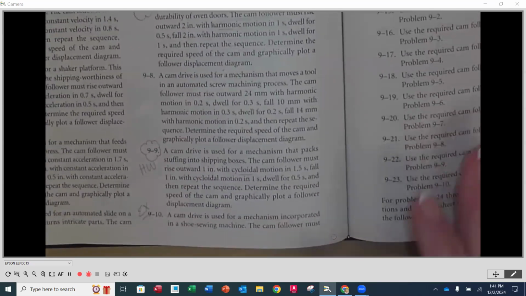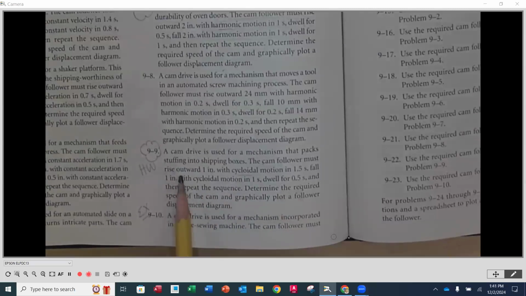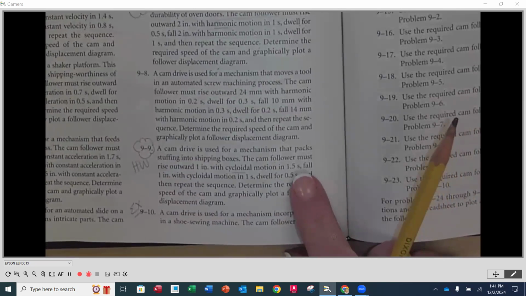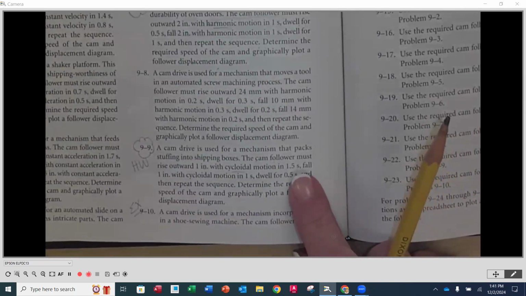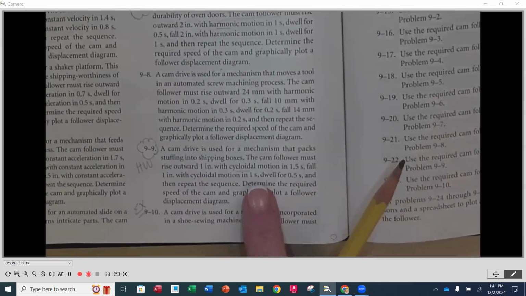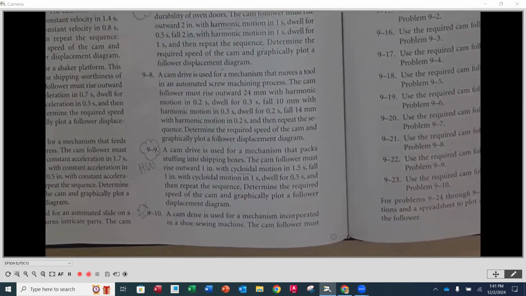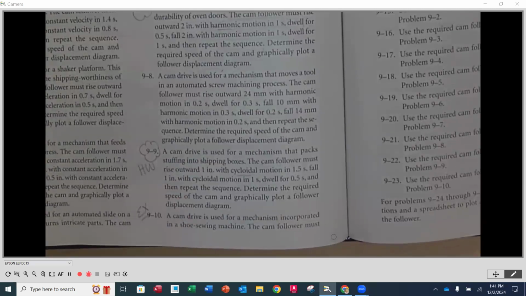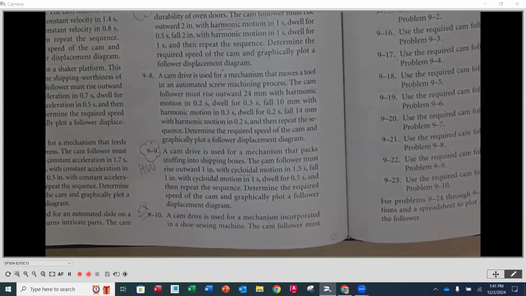So the cycloidal motion down here, even though it's the same rise and fall, the time is different. The first cycloidal motion is in 1.5 seconds, and the second cycloidal is in 1 second. So the horizontal distance is going to be different on each one of those. The size of the circle will be the same because the fall and the rise are the same value.